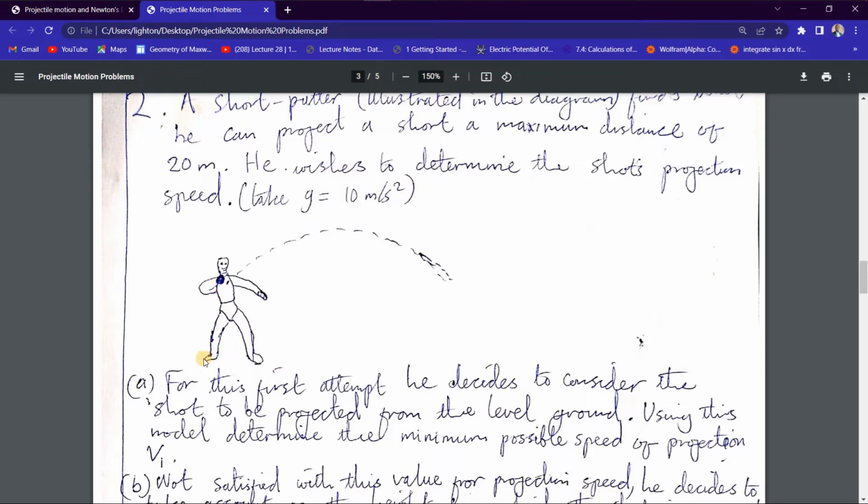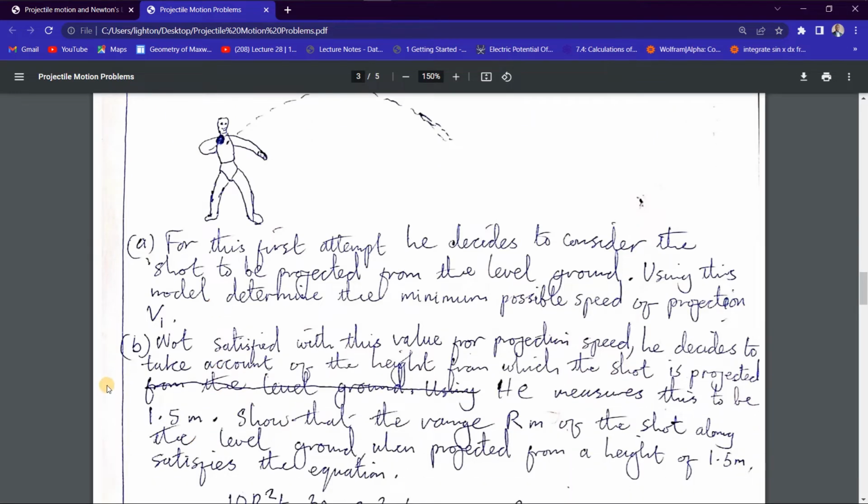The assumption is that it goes up and then all the way back down to the horizontal. Using this model, determine the minimum possible speed of projection, V subscript 1.